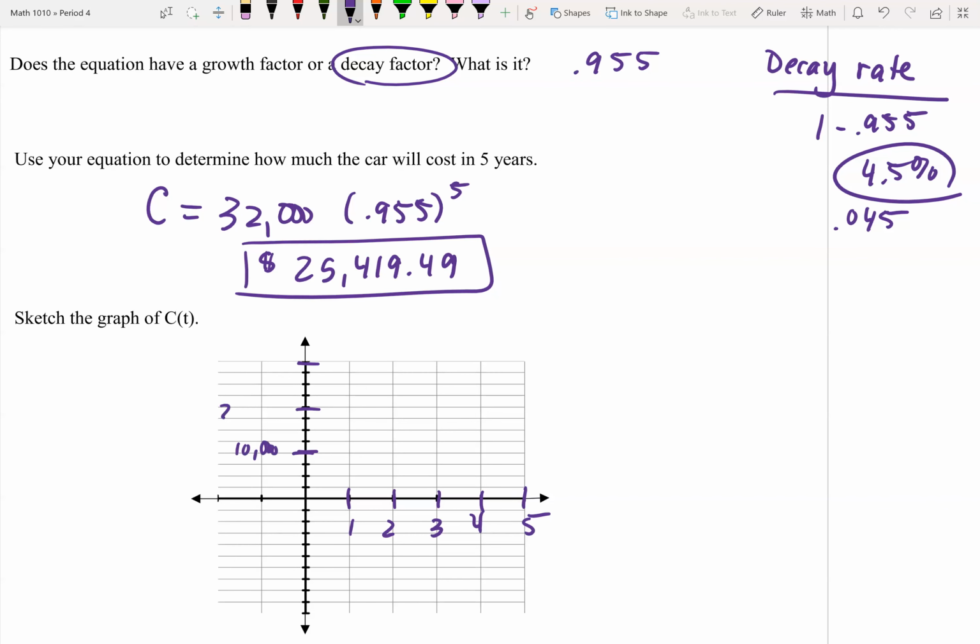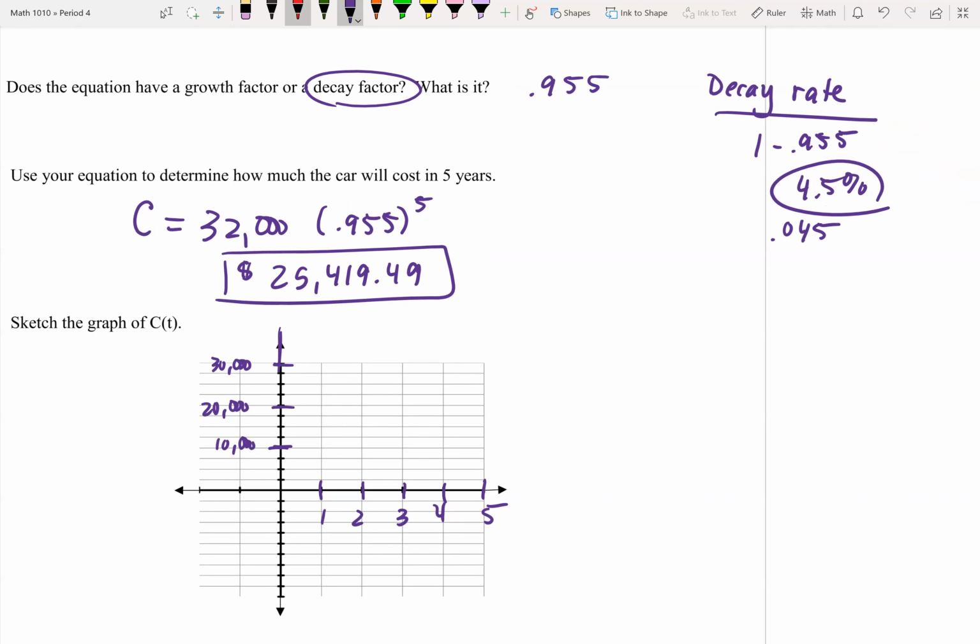So it's 10,000, 20,000, 30,000. I'm a tiny bit off my grid for 32, but I'm not too worried. Initially it's 32,000, so just a little bit above that. After 5 years, I'm down to about 25. And this is not linear, so give it a nice little curve like that. We could actually just keep extending it like that. Okay?